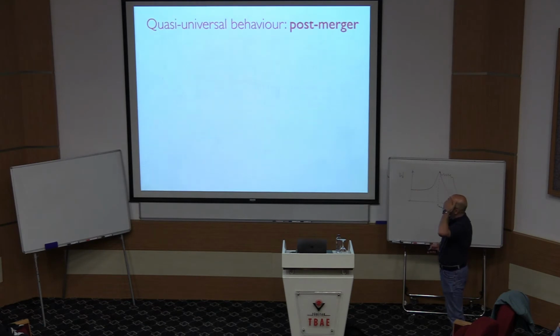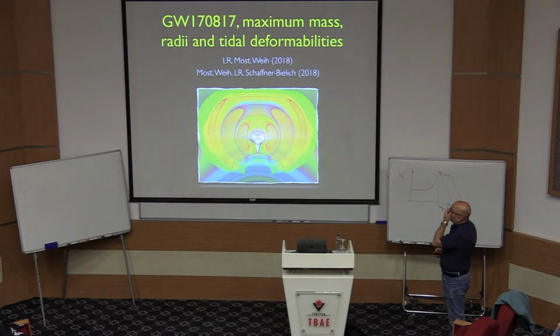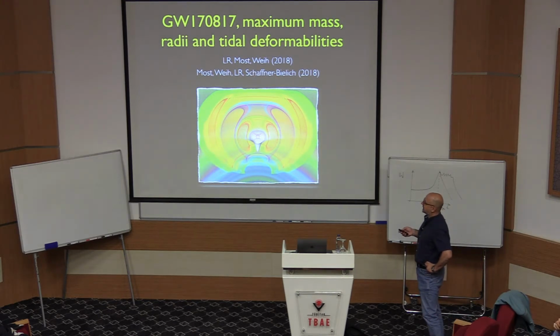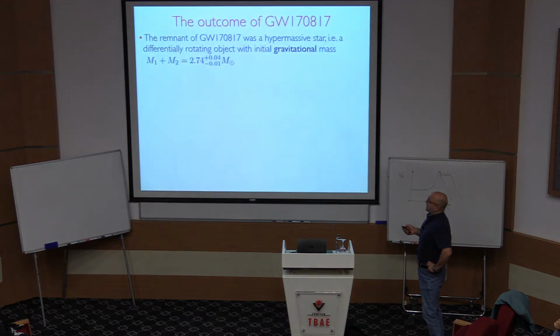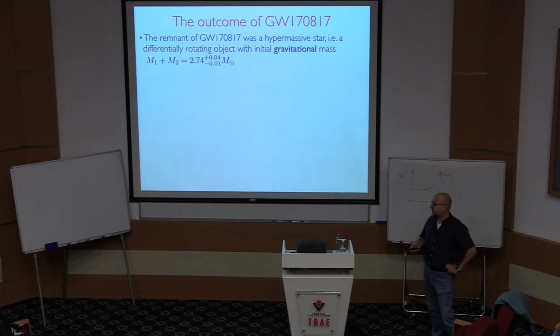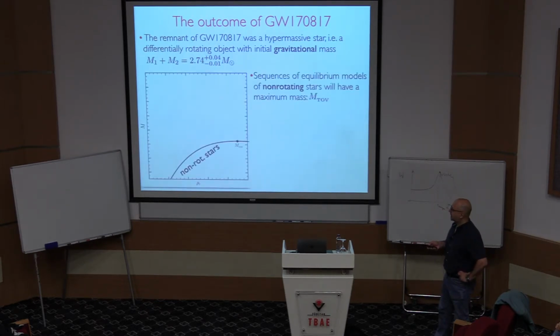Okay, what is it that we can tell on the basis of this event, okay? So, what we know is that GW170817 was a hypermassive neutron star, and that's because the object produced had a total mass initially of 2.74, and this is way too big to be sustained by any equation of state that we know of.